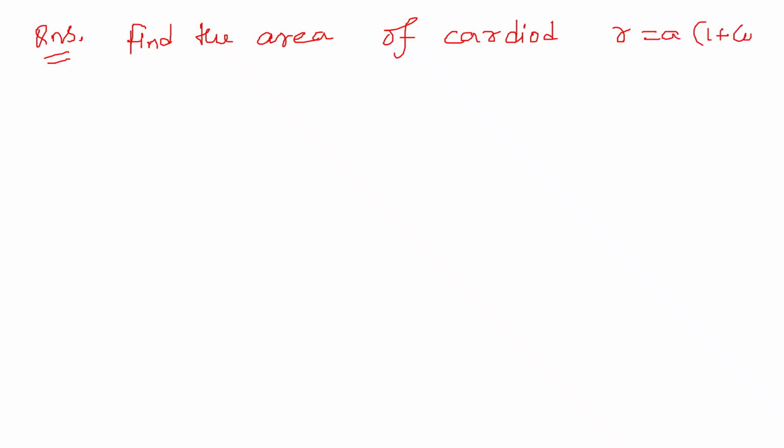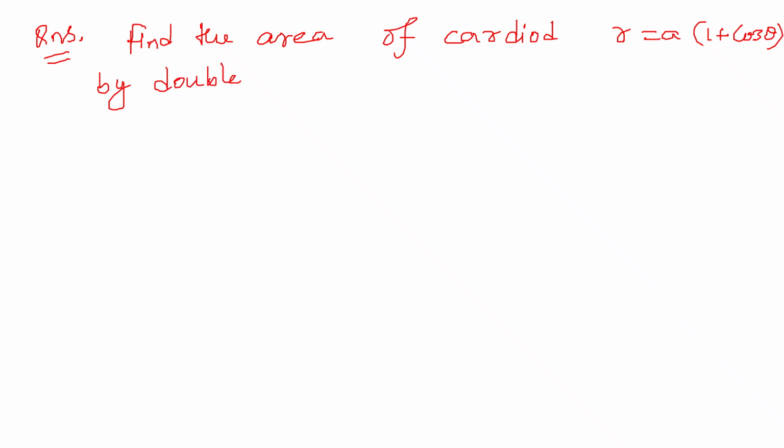The question is: find the area of the cardioid r is equal to a(1 plus cos theta). I am solving it by using double integration.